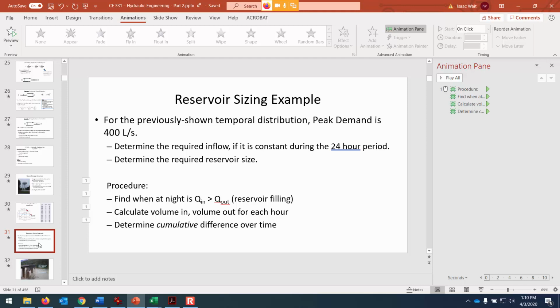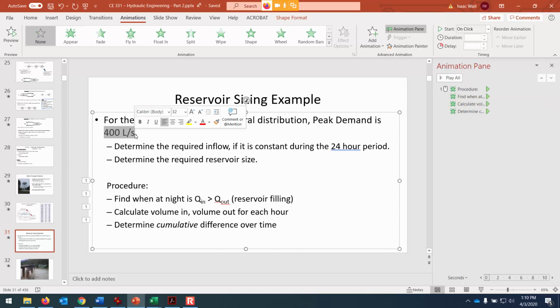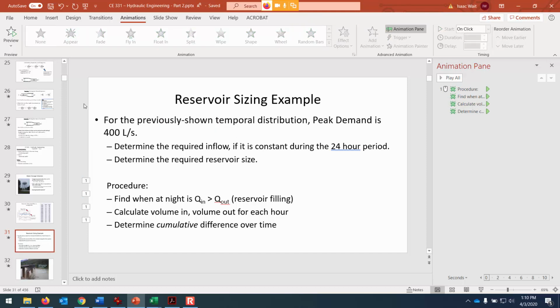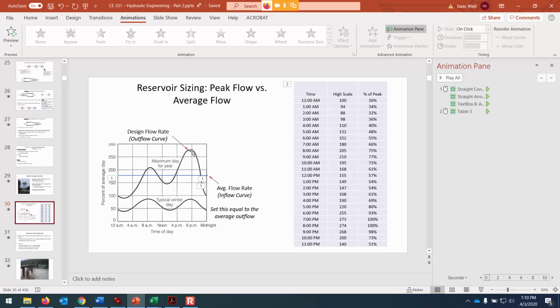I'm going to assume, what if the peak demand in my town that I'm sizing this reservoir for, what if it was 400 liters per second? So how big would my reservoir need to be if I had 400 liters per second as the high, and then at all the other times during the day it's some fraction of that. It's not quite as high as 400 liters per second.